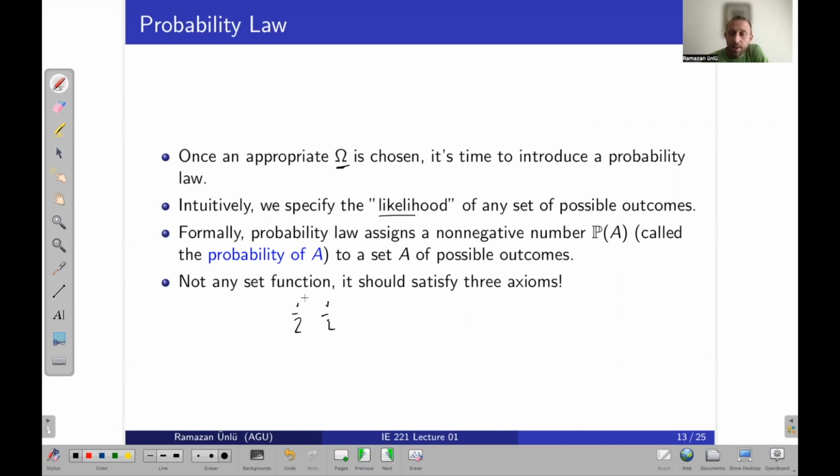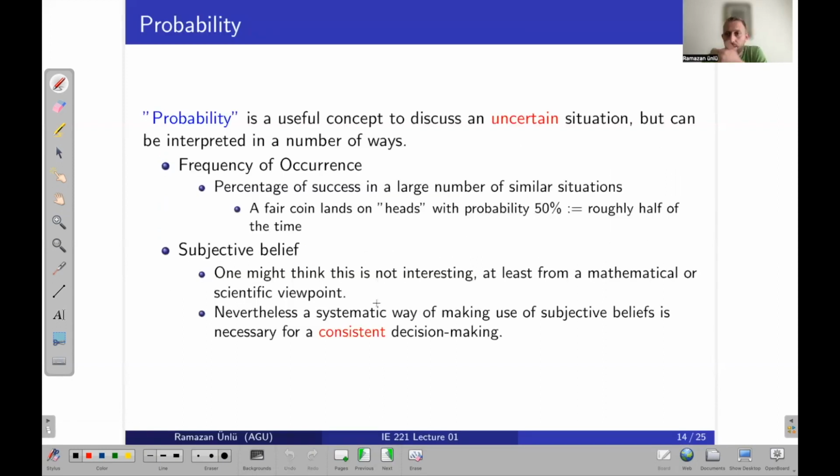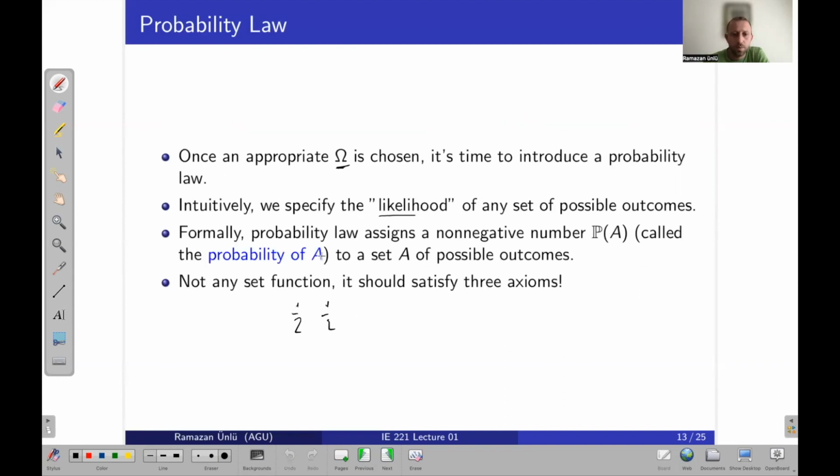If you want something to stand for the probability, it should satisfy 3 axioms.